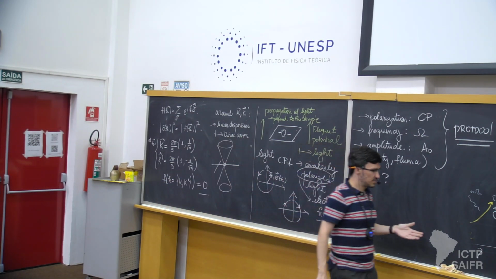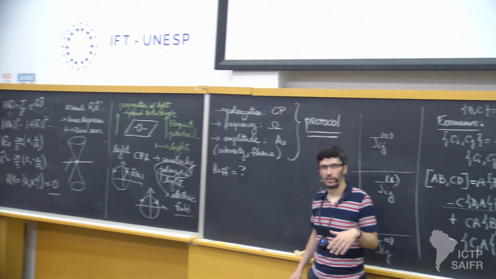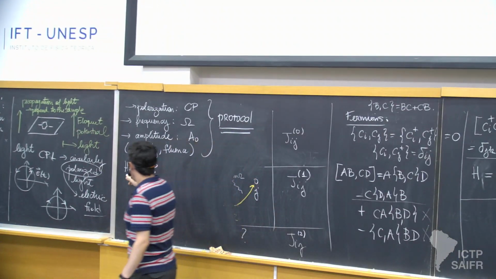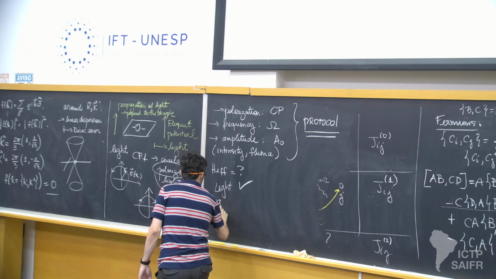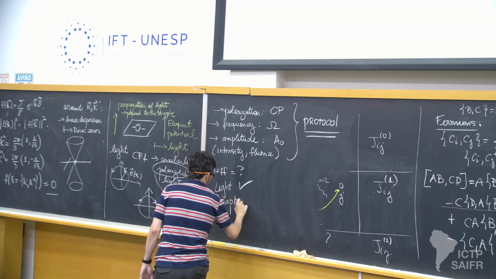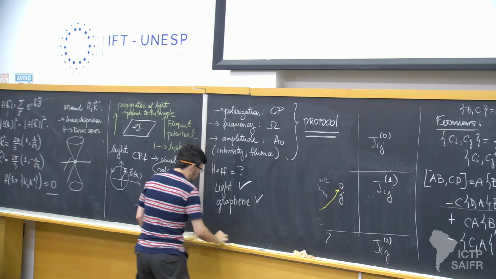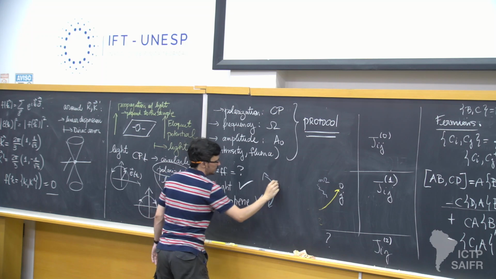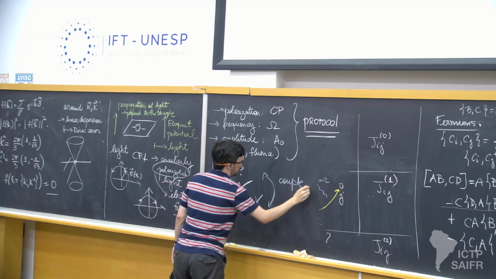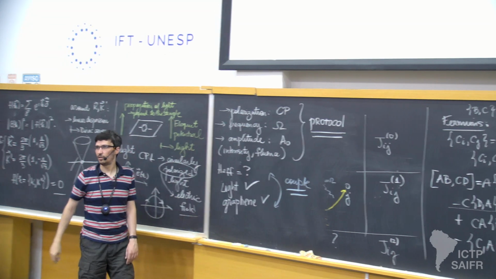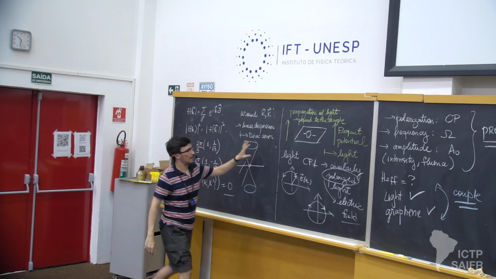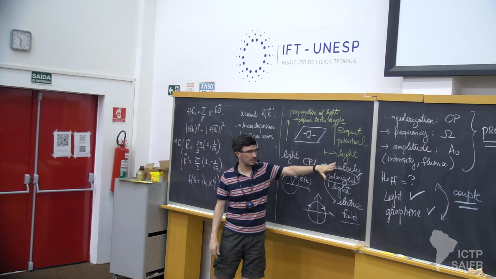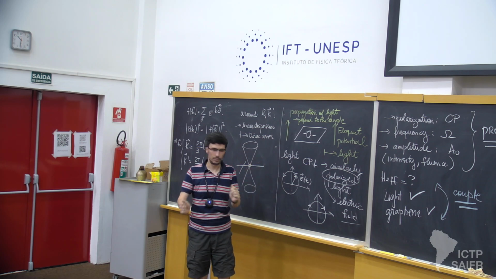The only physical step that we have to do before that is, we have the light, great. We have graphene, that's also great. But now what I need to do is to couple them. This is the only thing that I didn't tell you how to do. I have the model for graphene here. I'm shining light. So light, very clear, graphene, very clear. How do they couple?